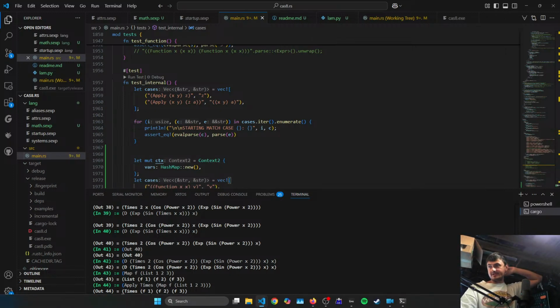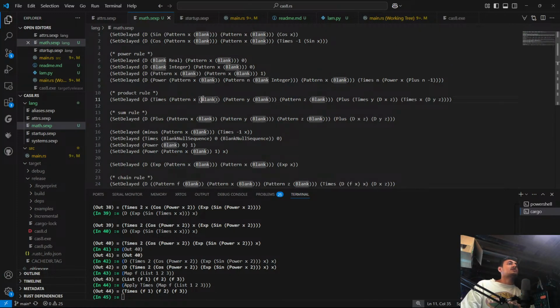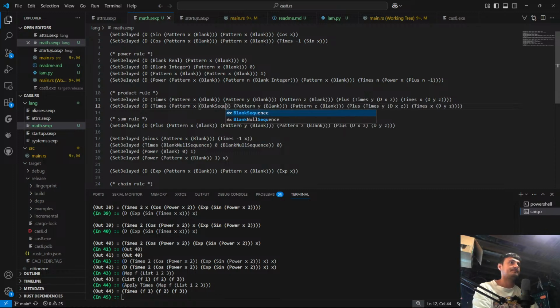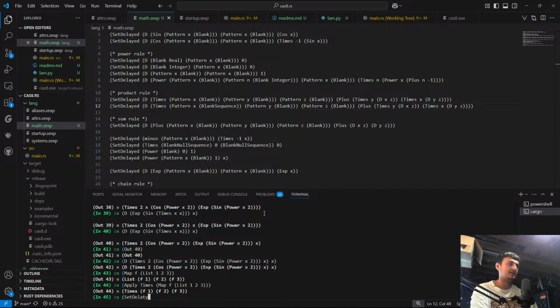Dude, how much of this am I gonna do? We're like two and a half hours into this. All right, let's just get this thing down. So this is gonna be a blank sequence. What I want to do is a set delayed dd. Let's do dd times pattern x's blank sequence.